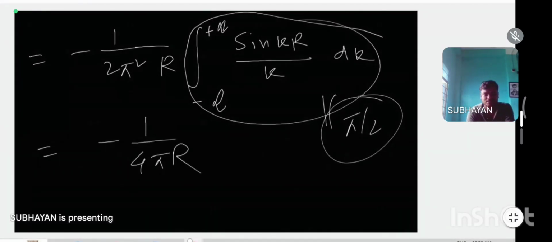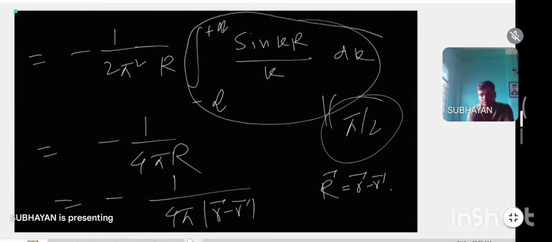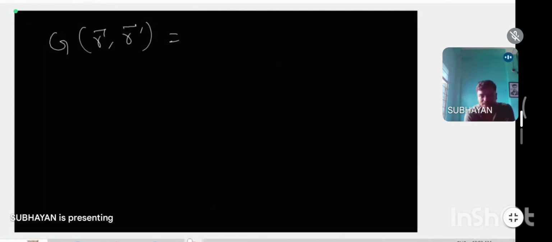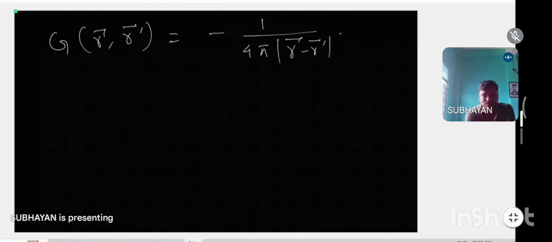Okay, and if you put the value, you know what r is. R equals mod of r minus r prime, because r was r minus r prime. So that's why G of r, r prime will be minus 1 by 4 pi mod of r minus r prime.